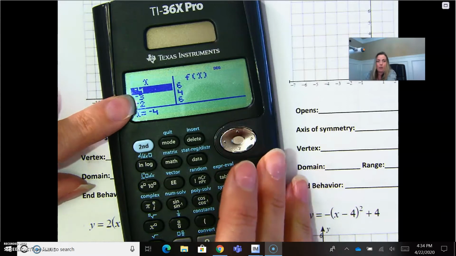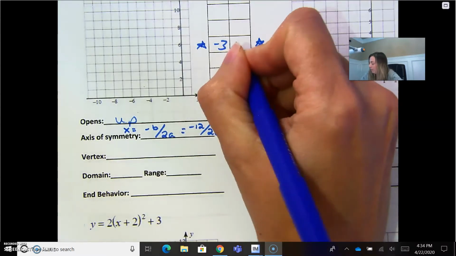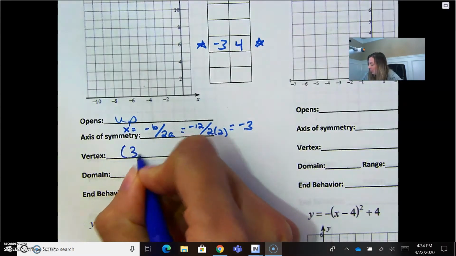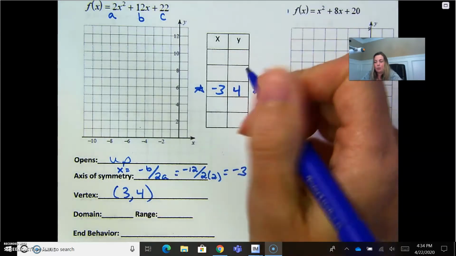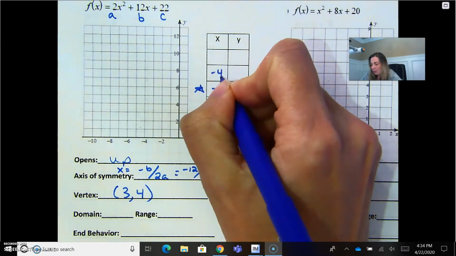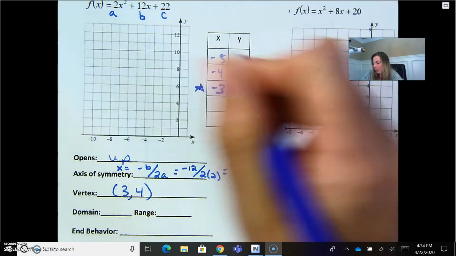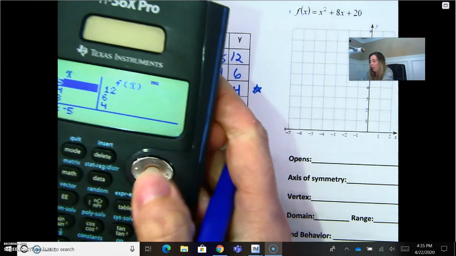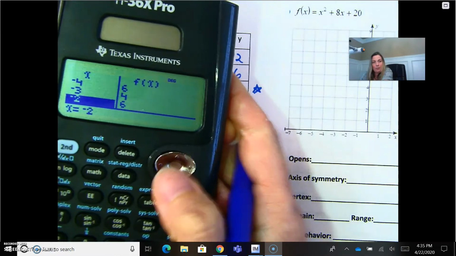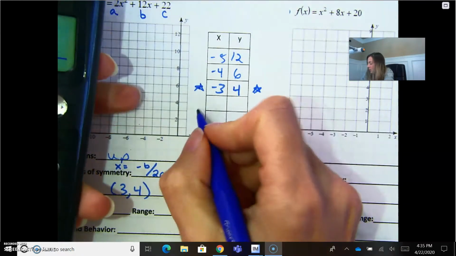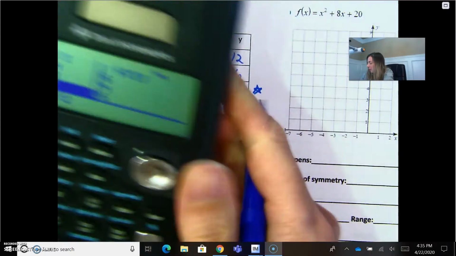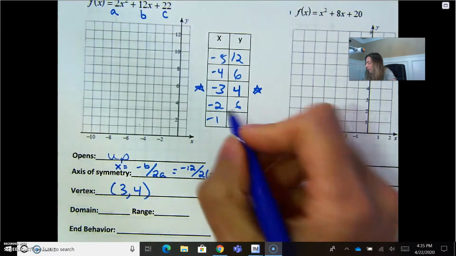So negative 3 comma 4, that's going to be your vertex. And then 2 values above, let's go this way. You get a 6, negative 5, you get a 12. And then if you arrow down this way, you've got negative 2 and a 6, and negative 1 and a 12.